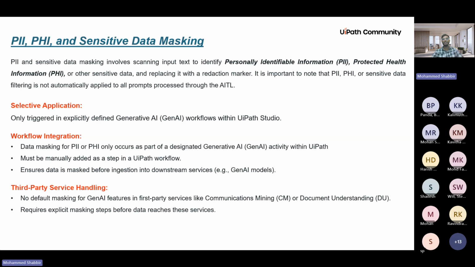Okay. And this gives us another important point that in the workflow, it has to be added if you want to do masking. As I told you, right? See, DU will not automatically do masking. But when you're coding in the workflow, you can do the masking. So the third point is you have to add it explicitly inside the workflows. Okay.